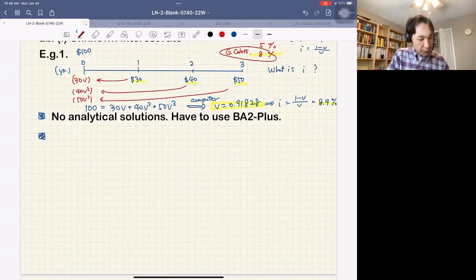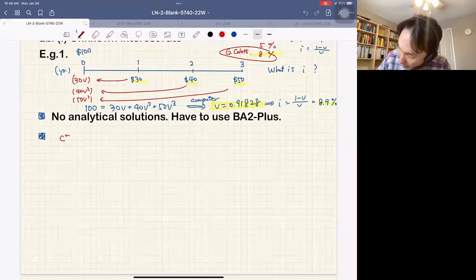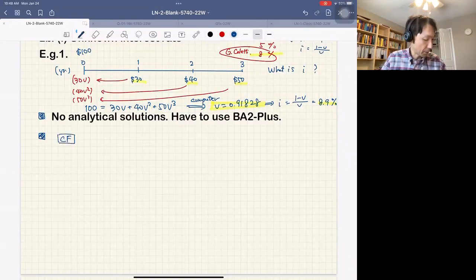So we use the cash flow function. At first we use the CF button. CF is the second row, second column. So cash flow. And we have to clear memory again. So second, then after that, the CE/C, clear. So second CE/C.